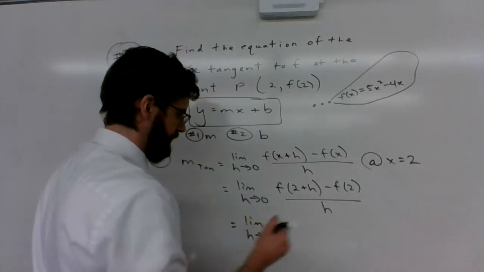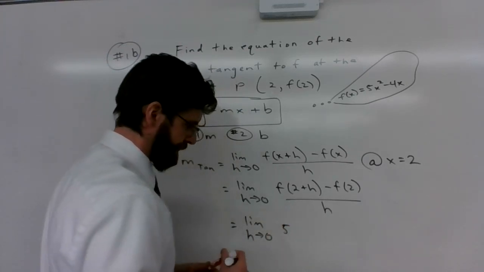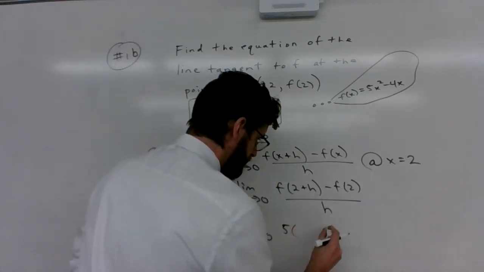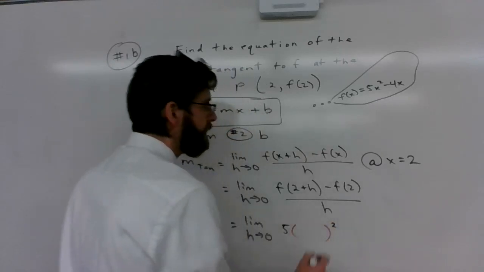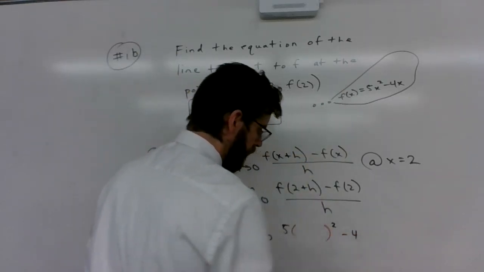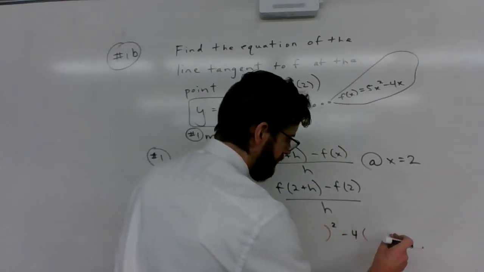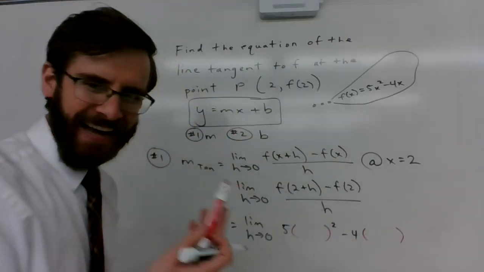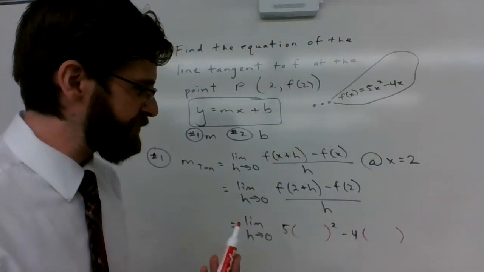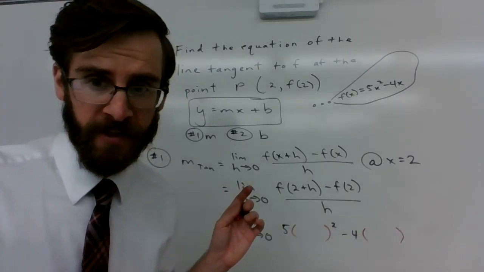So it's like you've got 5x squared minus 4x. The red highlighted stuff is basically just me saying 2 plus h is going in there.